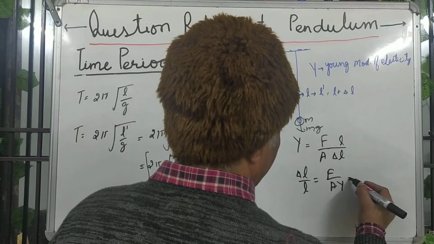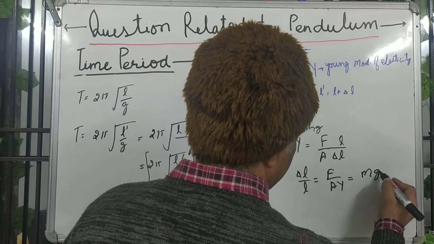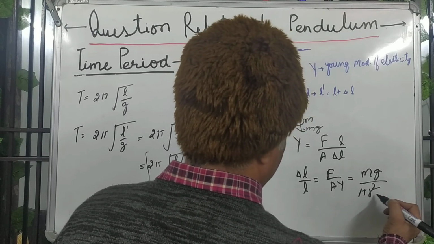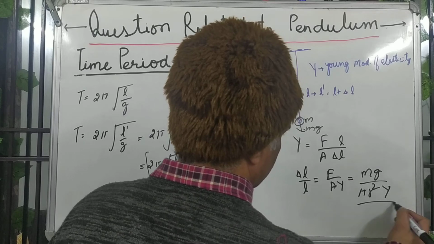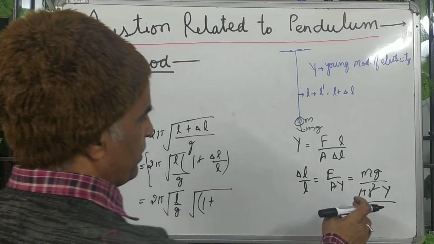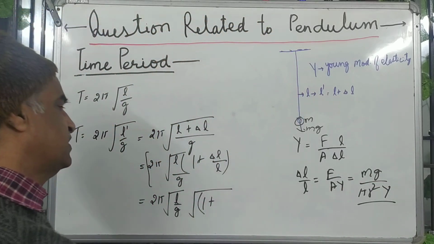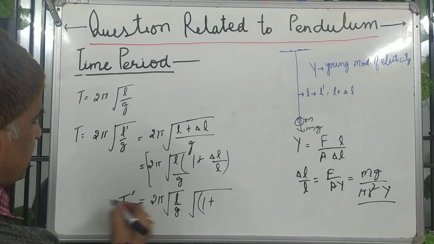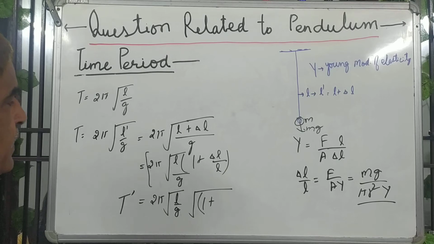So delta L upon L is mg upon pi r square into Young modulus. In place of delta L upon L, substitute this.